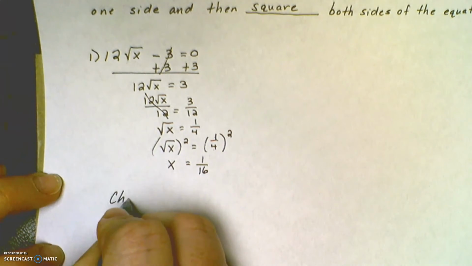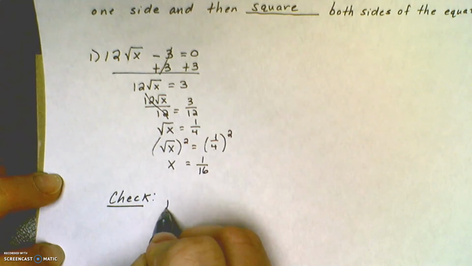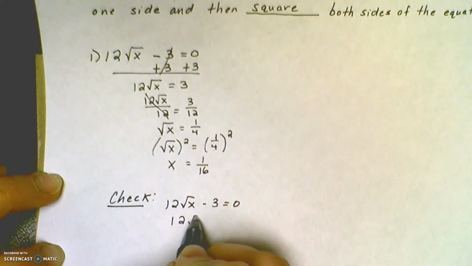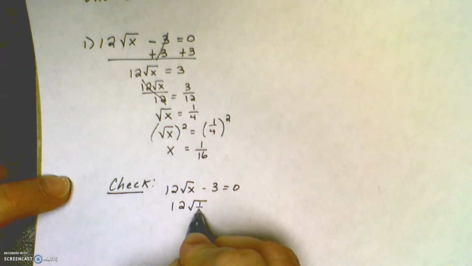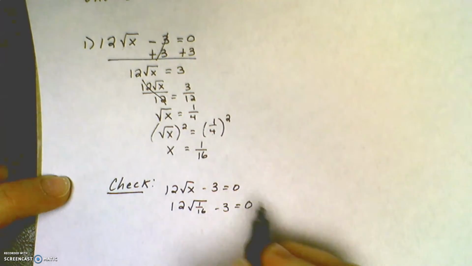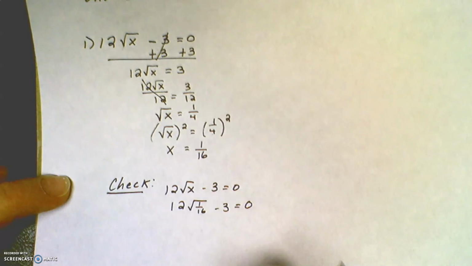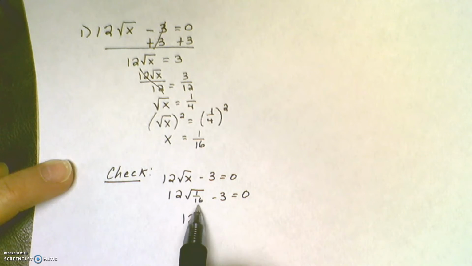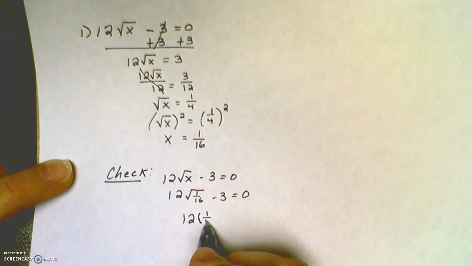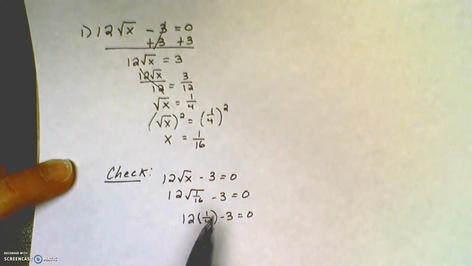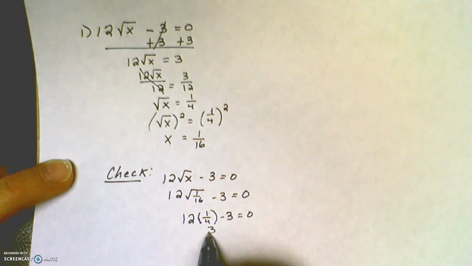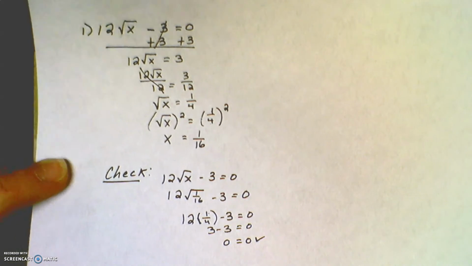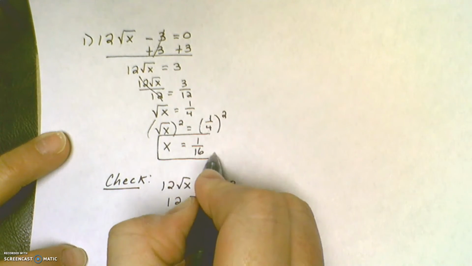So if we check, plugging back into the original equation, everywhere you see x, plug in 1/16. Working this out by hand, the square root of 1 is 1, square root of 16 is 1/4. 12 times 1/4 is 3, and 3 minus 3 is 0. So since the check works, our solution is x equals 1/16.